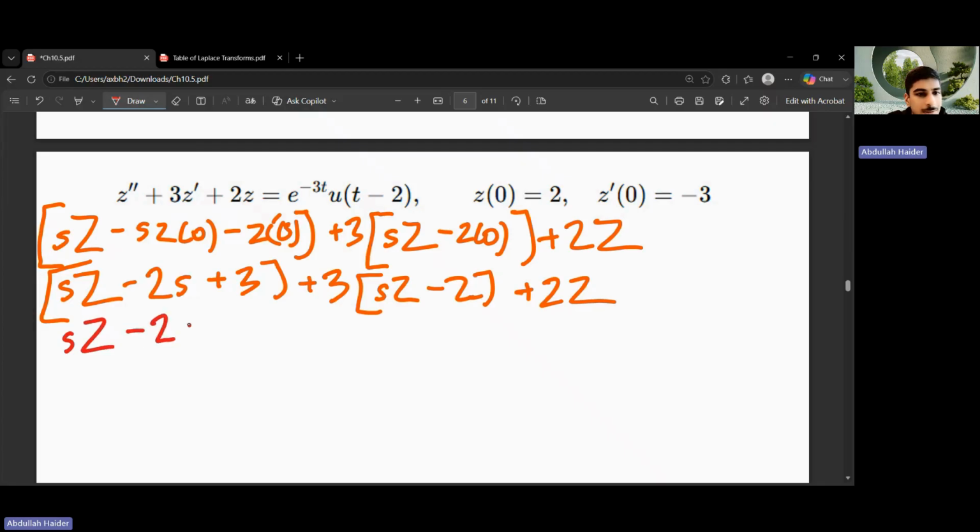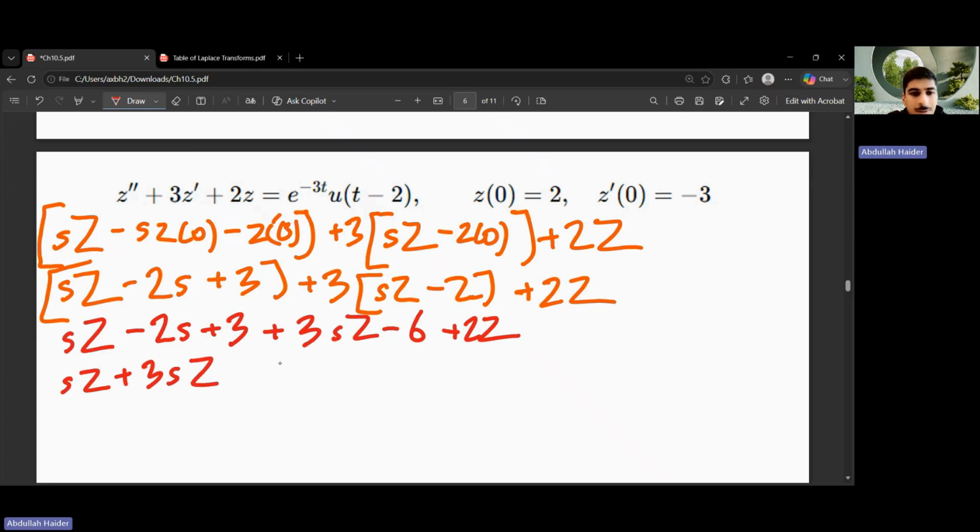Now combine all the Z's. s big Z plus 3s big Z plus 2Z, and the constants 3 minus 6, so minus 3, minus 2s.